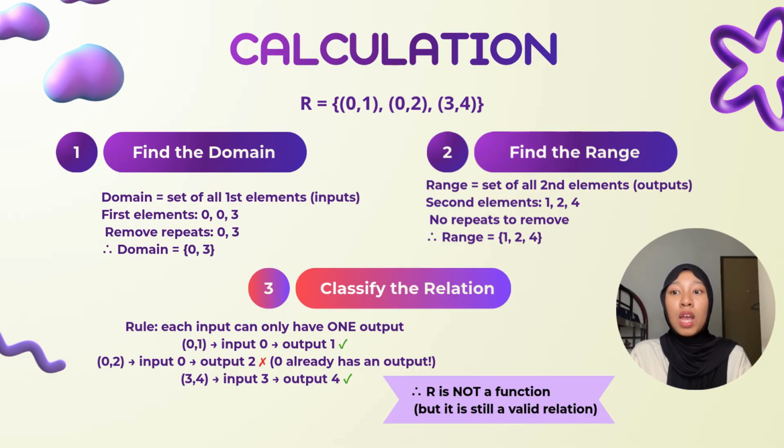Now input 0 has two different outputs, which breaks the function rule. (3,4): input 3 goes to output 4. Input 3 only appears once, so this is fine. Since input 0 appeared twice with different outputs, R is not a function. However, it is still a valid relation because it is still a set of ordered pairs.